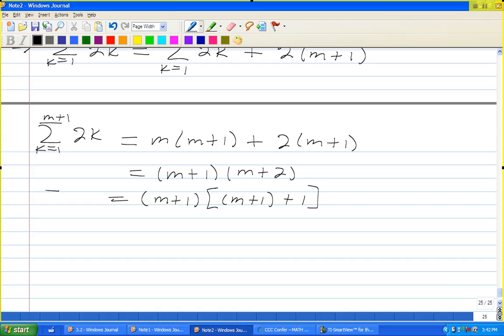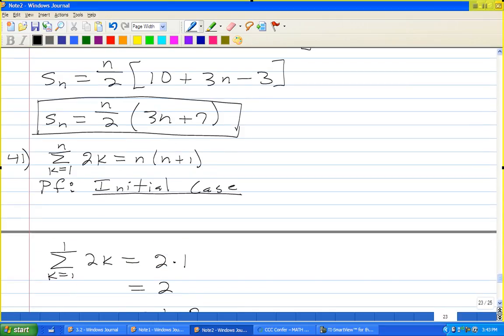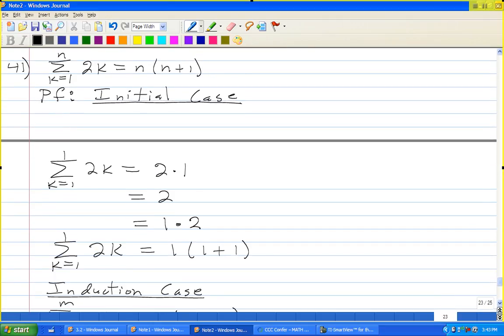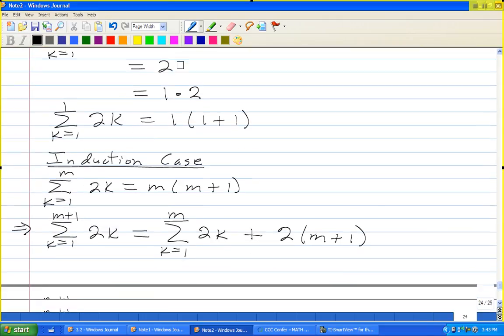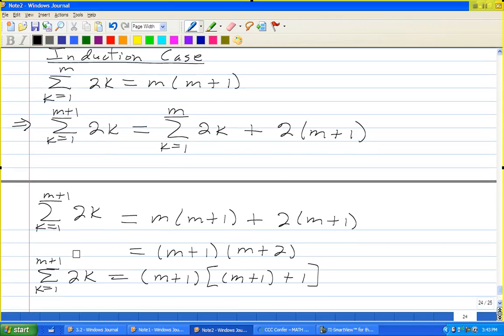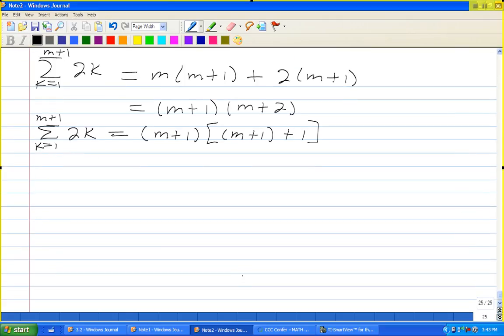And so I've shown that this formula here works when we replace n by m plus 1. So if I just plugged in m plus 1, it's the same formula. Therefore, the induction case holds.